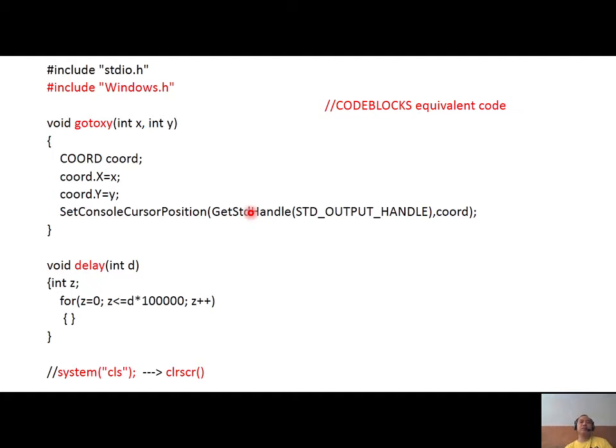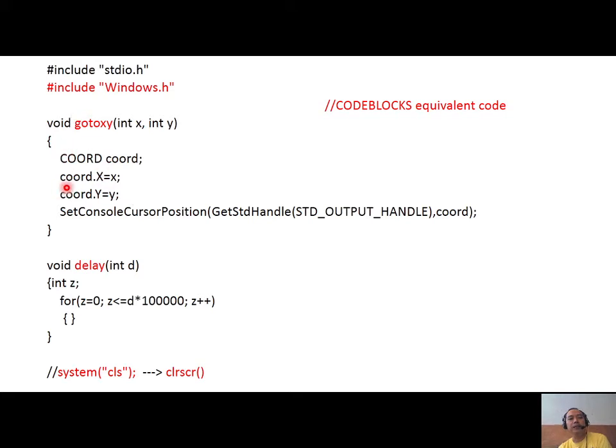However, in Code::Blocks, these will be the additional codes you'll need. You'll be adding the windows.h besides the standard I/O, and you'll just copy this function for gotoxy because it doesn't have a built-in gotoxy function.